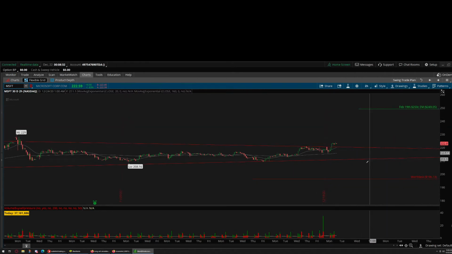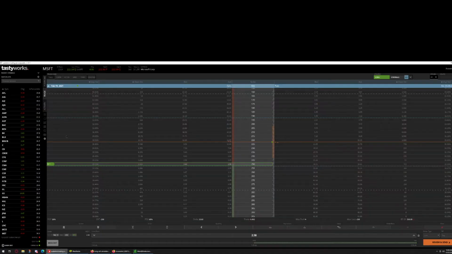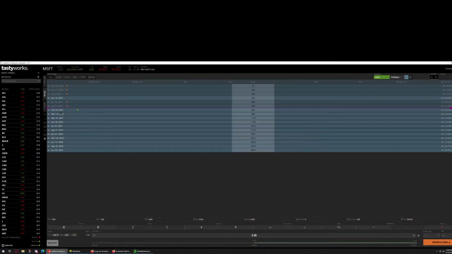So from here to 60 days out, we can expect Microsoft to have the ability to hit one of these two prices. Now if we want to increase our odds of winning the trade, we would go back to the options chain. I don't really have a set amount of time between the contracts. I normally just look for the expirations that I think are going to be the best, and in this case, with the February 19th expo, we just so happen to have a January 15th monthly expo here.